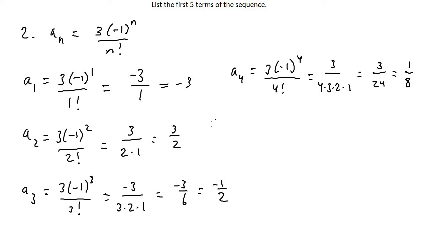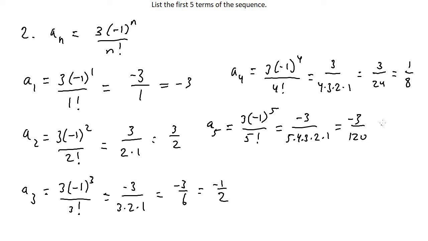And then finally, a sub 5, or the 5th term in the sequence, is going to be 3 times negative 1 to the 5th power over 5 factorial. Negative 1 to the 5th is negative 1, so we'll get negative 3 over 5 times 4 times 3 times 2 times 1. And so 5 factorial is going to be equal to 120. So we'll get negative 3 over 120, or negative 1 over 40 when simplified.